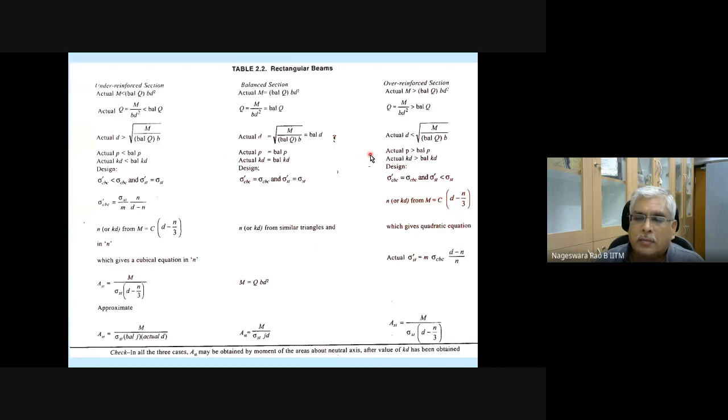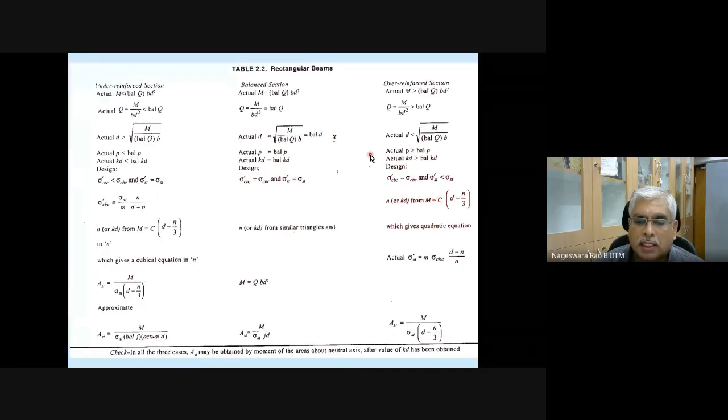Let me recap what we discussed in yesterday's class, because that is required to proceed further in today's class. Yesterday, we discussed over reinforced section. The reason why we go for an over reinforced section is because of the constraint on the depth.